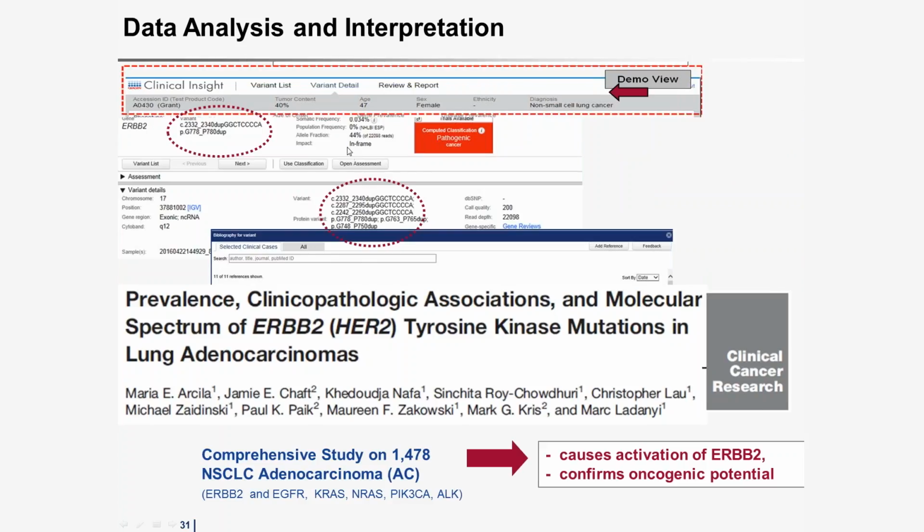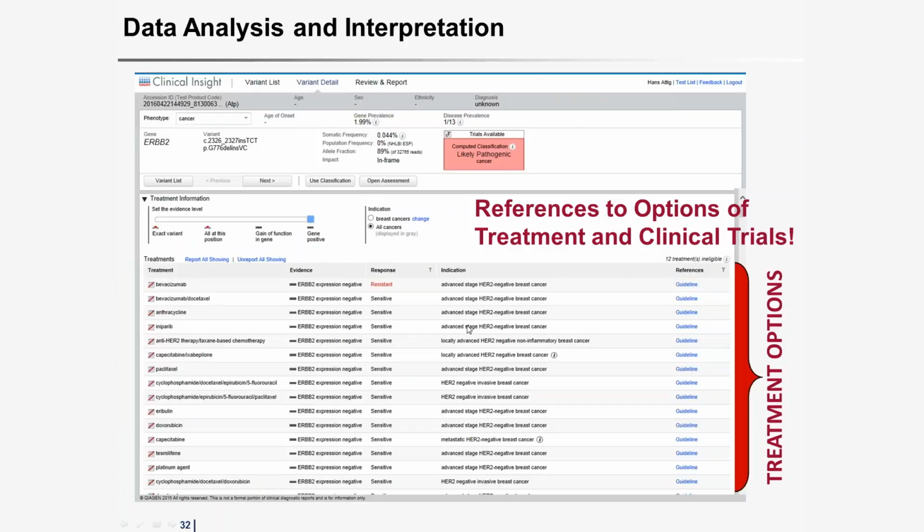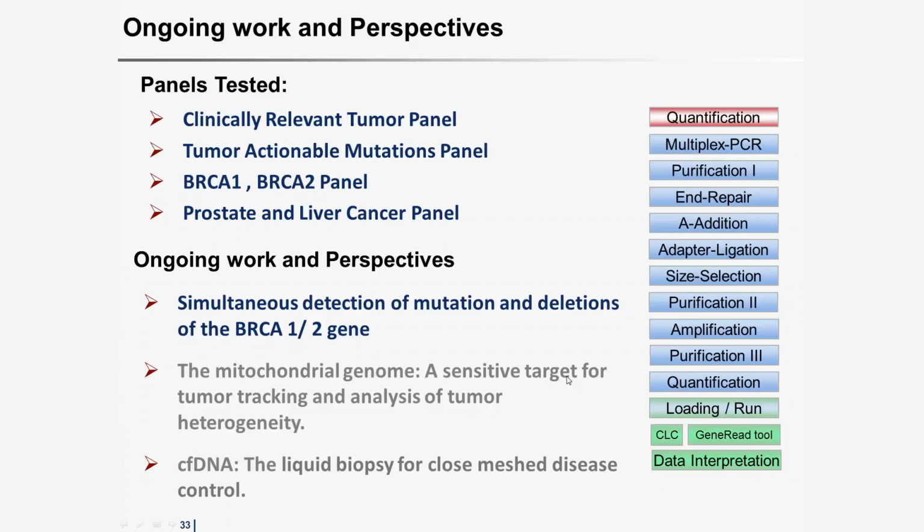And in addition, there is the opportunity to get interactive links to publications dealing with the mutants of interest, and also to get information about present treatments and options. So up to now, my experience is mainly only with the Biomedical Genomics Workbench, but as I just told you, the other tools are just being tested in our laboratory.